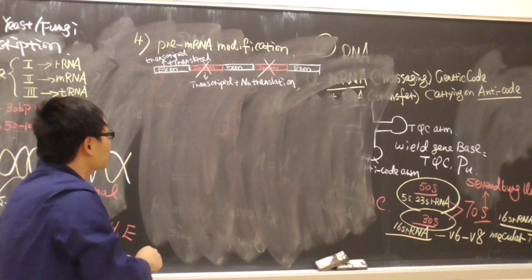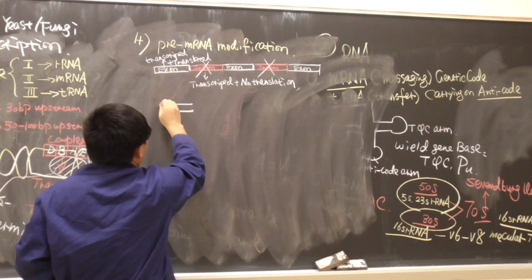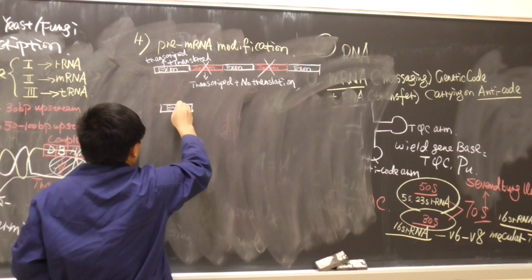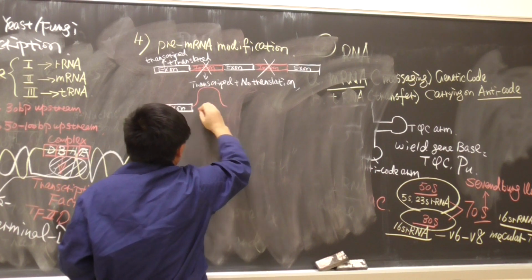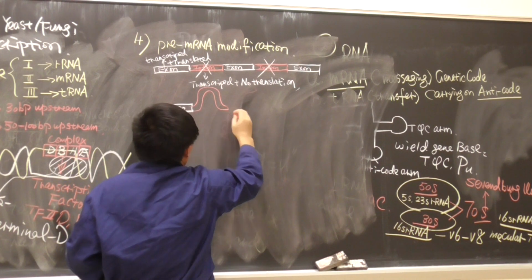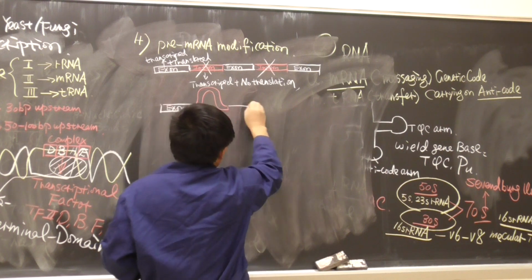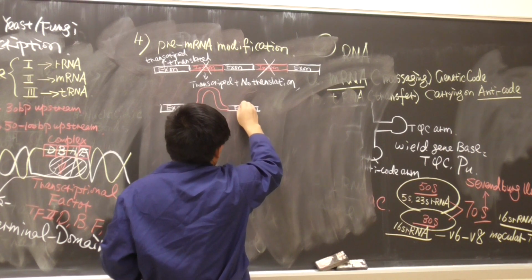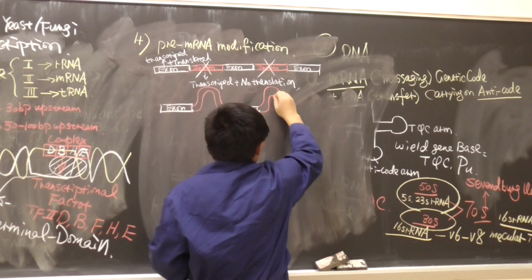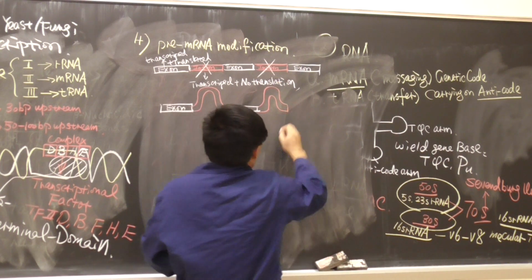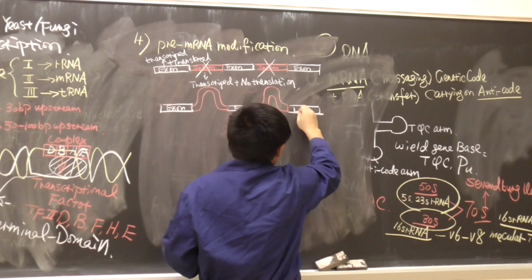Now how do we cut it? Let's say this is exon. We make sure it's going to be twisted first. Okay? Then we become this. Then we twist it again. Then we have another exon.